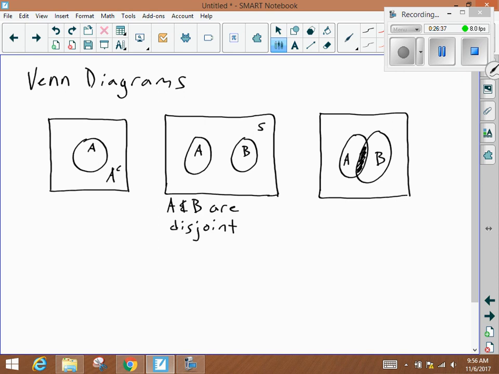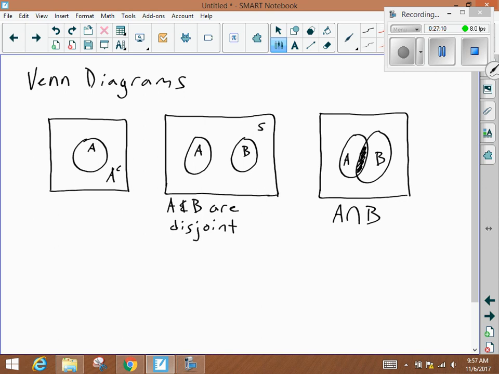This event right here, and I would actually denote this shaded event, I would call this A intersect B, okay? Would you call that non-mutual? Don't call it that. You might get the wrong idea. You just say they're not mutually exclusive, or they're not disjoint.